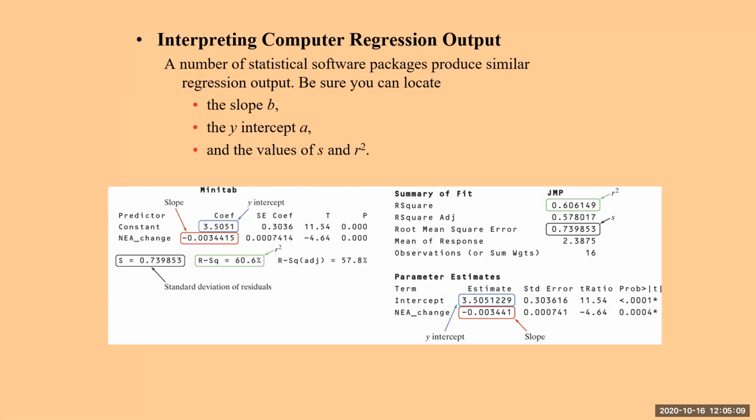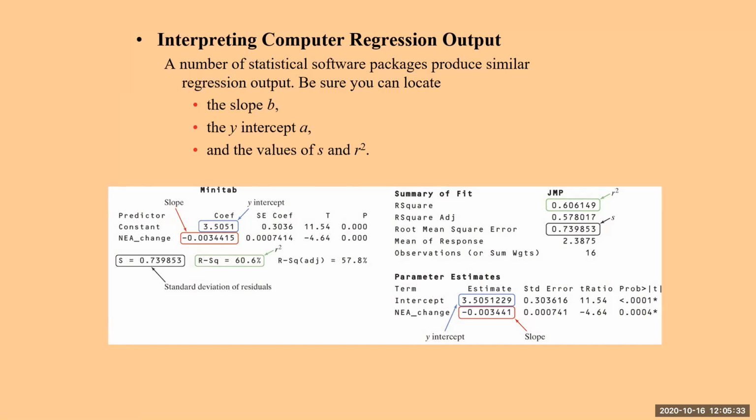So this relates to the problem: NEA change, negative 0.0034, deals with slope. Notice we can easily find R squared. R squared is typically going to be given as a percent. You can change that to a decimal. R squared is 0.606. We can take the square root to find R if needed as your correlation coefficient.